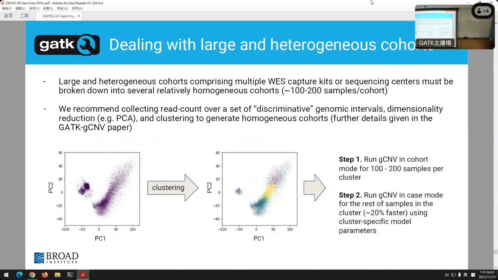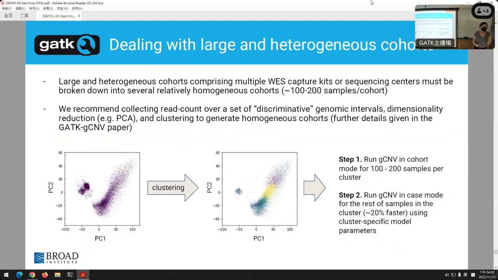Okay, so I mentioned that one step in the GCNV pipeline is sample clustering. So if you have a very large and heterogeneous cohort, we recommend that you split it up into multiple different groups of samples. This enables you to actually scale to that many samples.